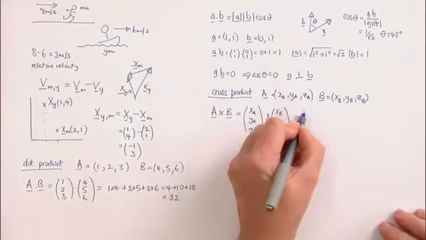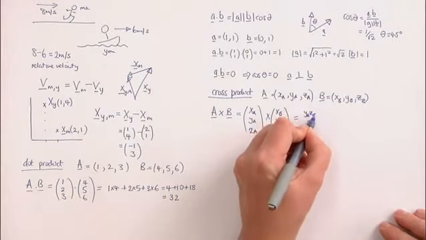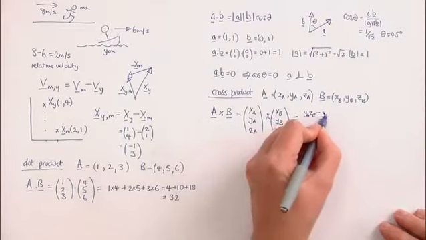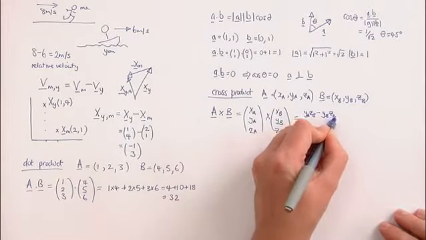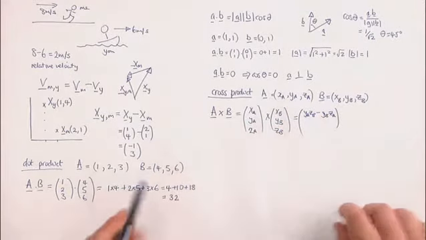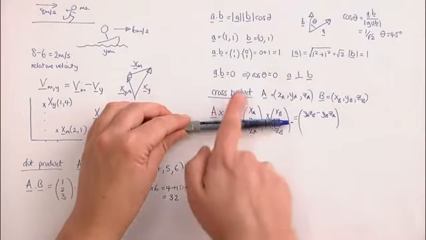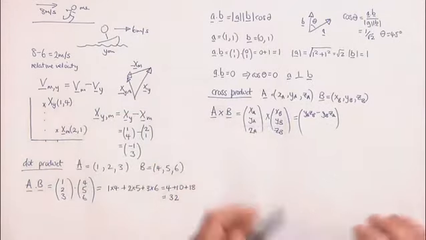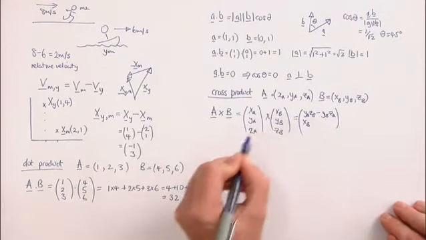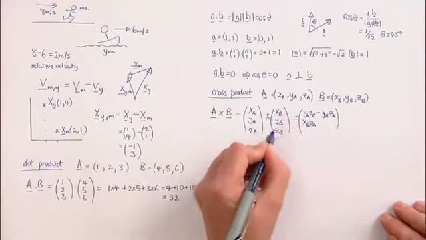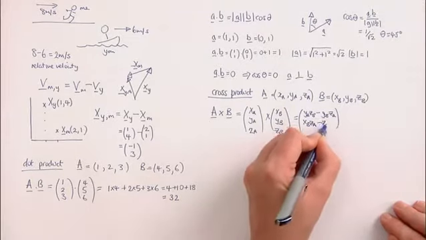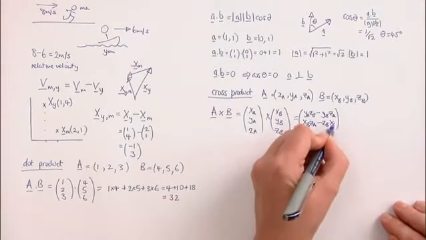So the first component is yA zB minus yB zA. The next component is xB zA minus zB xA.